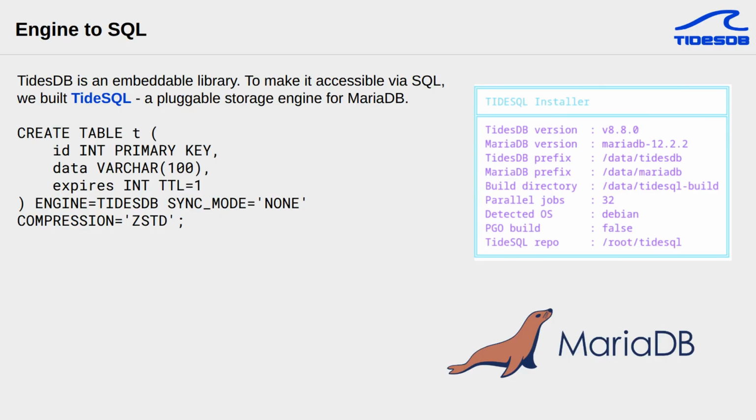So you get the lock-free architecture, the concurrency, the transactions, and the speed with MariaDB. It wraps all of TidesDB's functionality into one plugin, and you can use TidesDB through ENGINE=TidesDB. Let's get into how all this works.